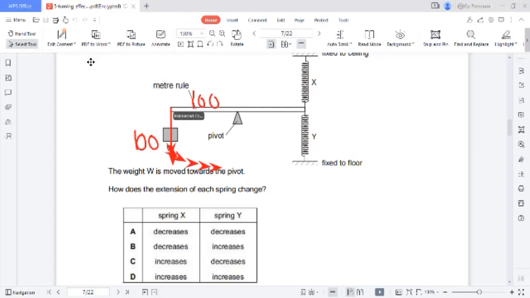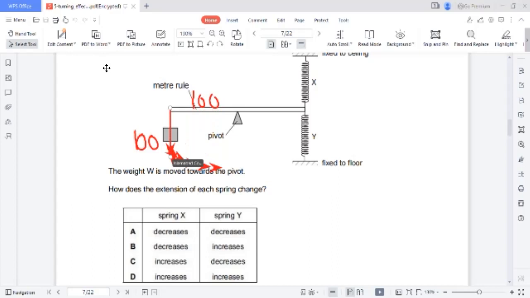If we move this weight from this position to here, you can see that the anti-clockwise moment from this side starts decreasing because the distance is decreasing. If you move further here, the anti-clockwise moment decreases, and so on.